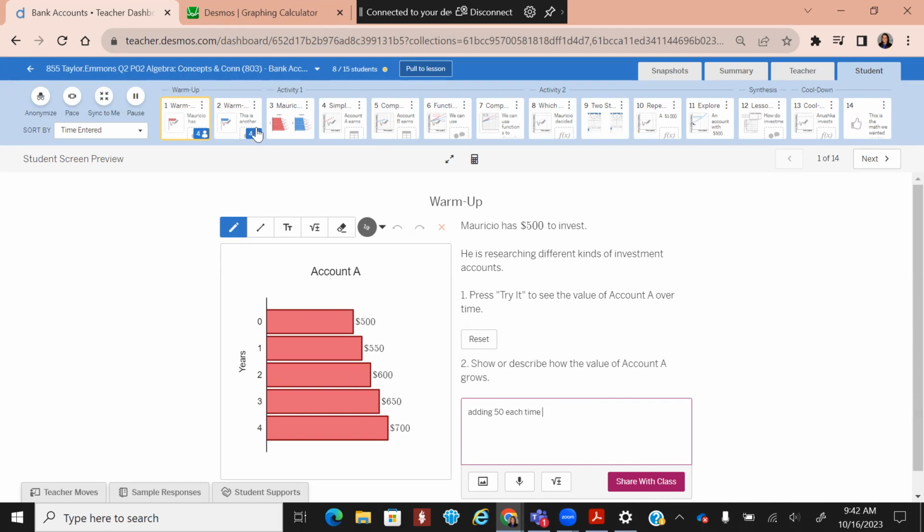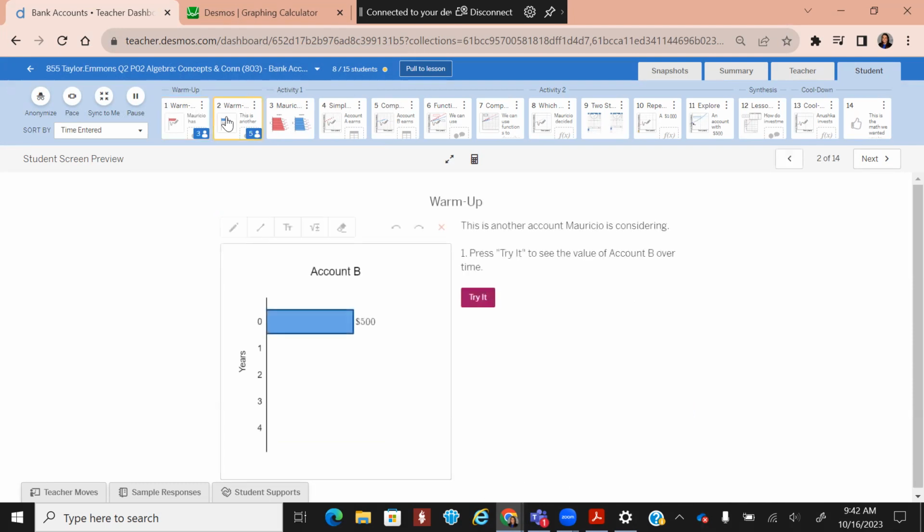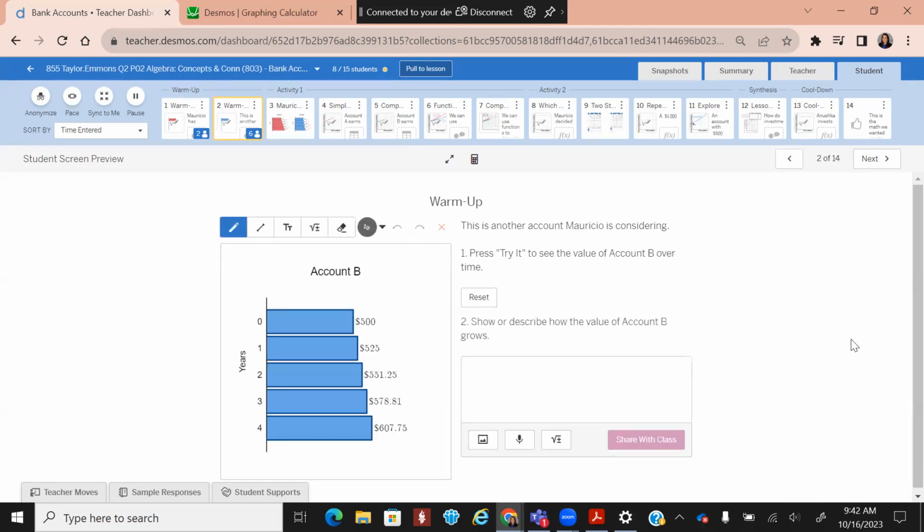Okay. All right, looking at number 2, we're going to see if this account does something else. All right, so what's happening each time on this line? Are we adding 25 each time? No. No, we're probably multiplying by some rate, right?